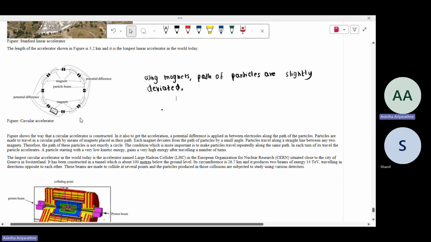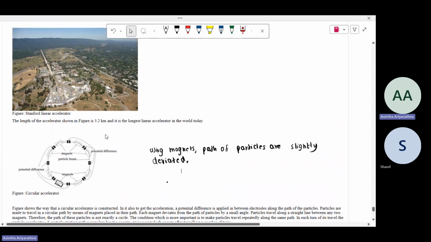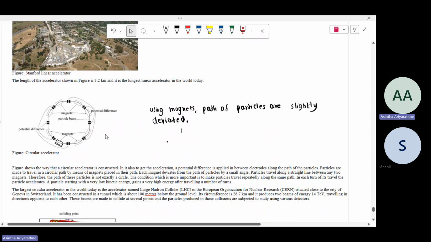So we can construct a circular accelerator using much less space than linear accelerators.